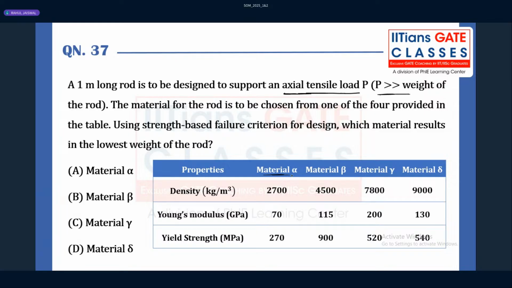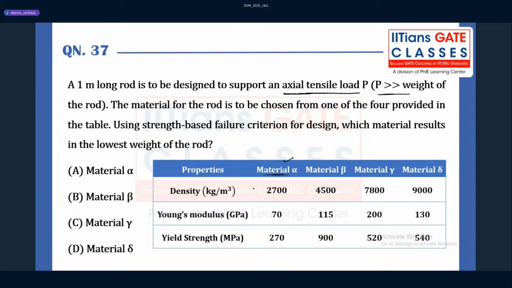If you take the material alpha, they have given the density 2700. Out of the four materials, alpha, beta, gamma, delta, if you take the density part, the material alpha is what? Lightest weight. It is having the least density. Immediately, your gut feeling will say that I will go to the material alpha.